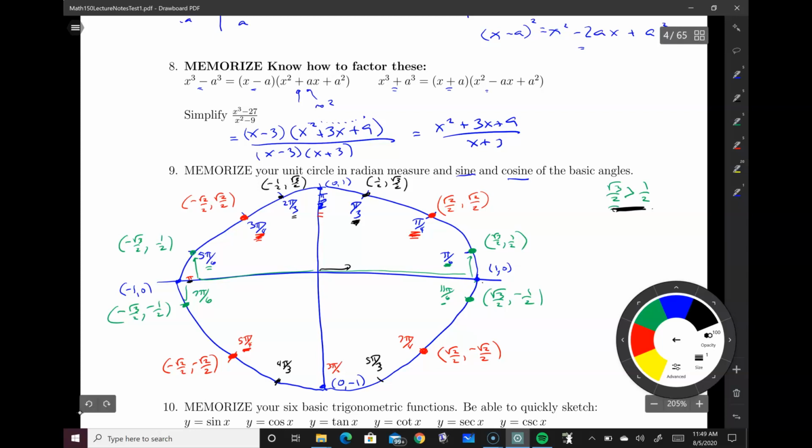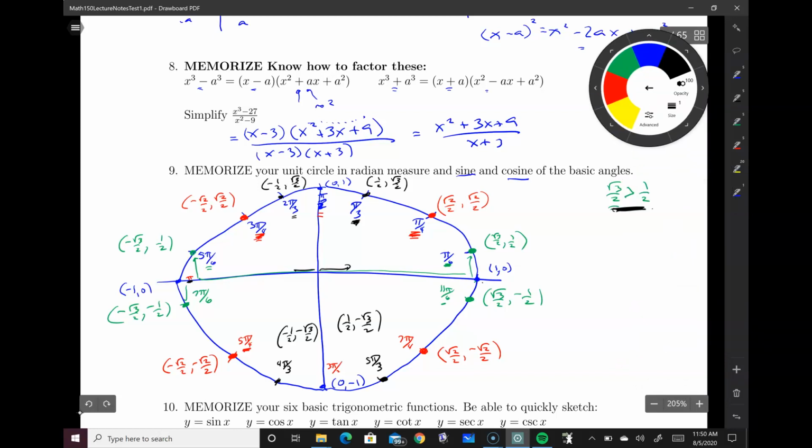This one down here has a small negative x value and a large negative y value. This point right here has a small positive x value and a large negative y value. All right, so these are the ordered pairs of things that you'll need to know.